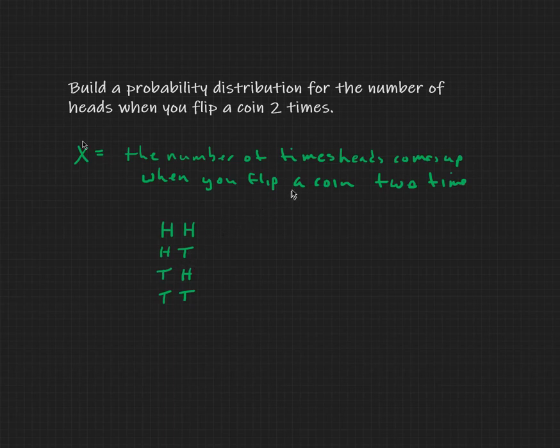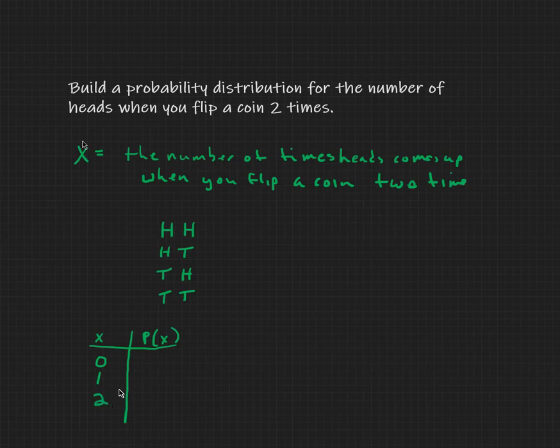And so when I think about the number of times heads could come up, because I'm flipping the coin twice, I'm going to build a table of x's and their associated probabilities. The number of times heads comes up when I flip a coin twice could be 0 times, 1 time, or twice.